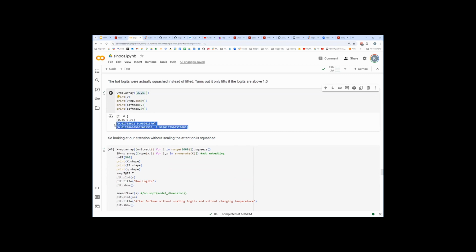So it was the magnitude of the logits that was making it sharper. If it's less than a certain value, the attention is squashed. If it's above a certain value, it gets amplified, kind of a winner-takes-all type of theory. And I just didn't have that intuition before.